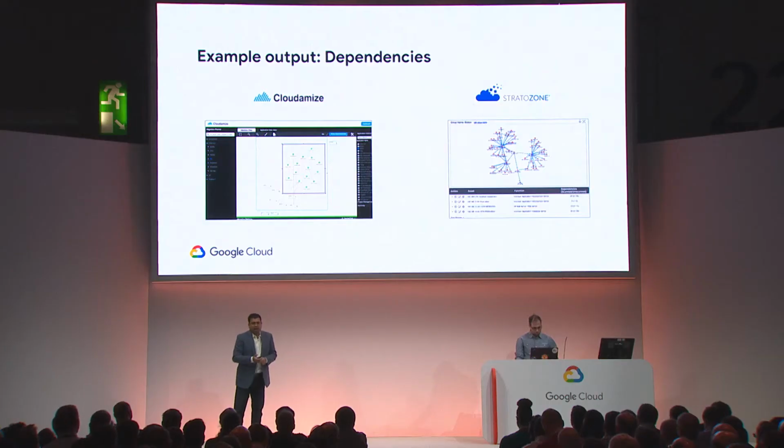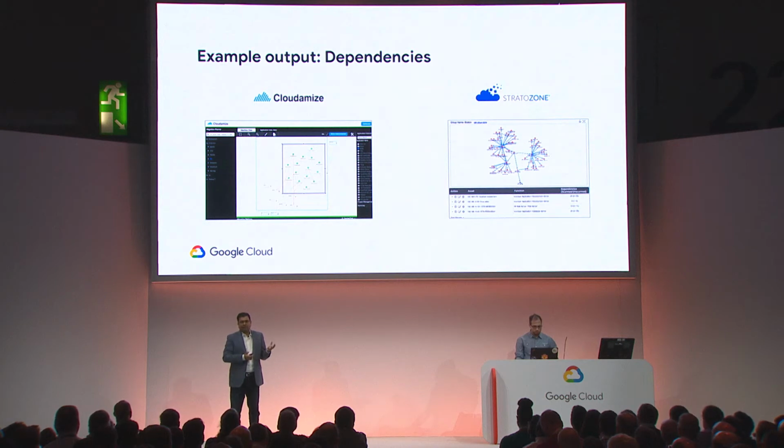For example, typically the way these products work is that you install them inside your VMware environment or as an appliance inside your data center, and it will come out with very specific types of information like how different applications depend on each other.